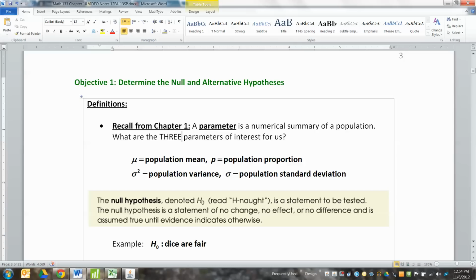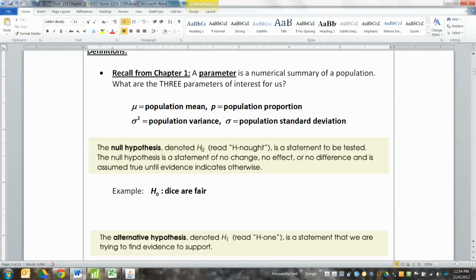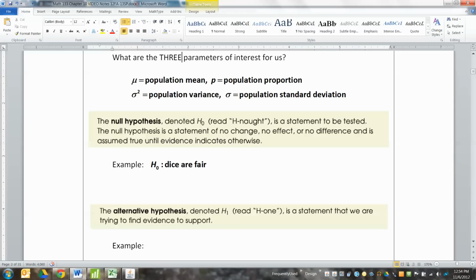It's just that one is the square of the other. So where standard deviation goes, there goes variance, because they go hand in hand. So they're not really different from each other. So that's why I said 3, because even though I know there's 4 things here, the bottom 2 are really kind of the same thing. All right, now, our null hypothesis is what we're going to assume to be true, right?